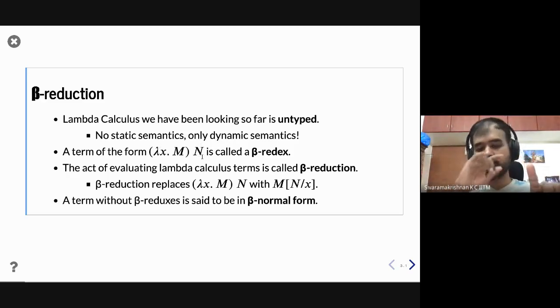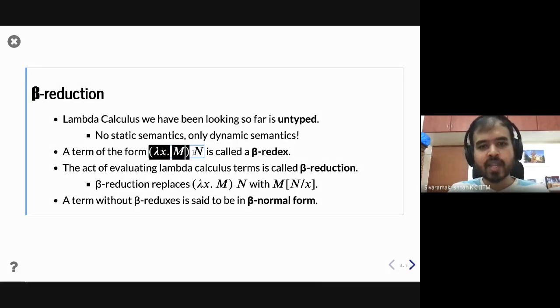This is like saying, you have fun x arrow 20, and I'm applying it to 10. I can now reduce it to 20, because it's a constant function. I'm applying it to 10, it ignores x and it returns 20. That is the intuitive meaning of beta reduction. And the form that we have here, when you have a lambda x dot m applied to n, we call it a beta redex.